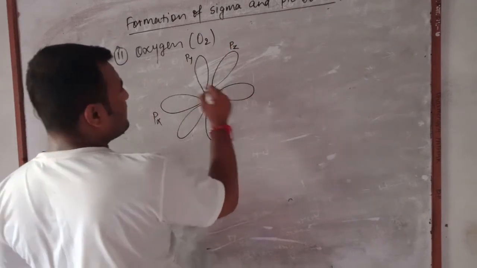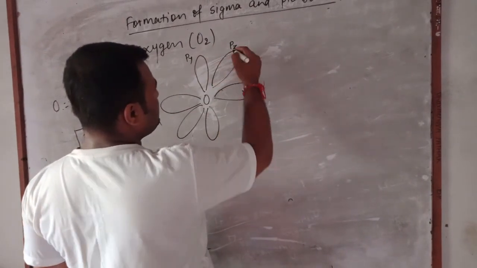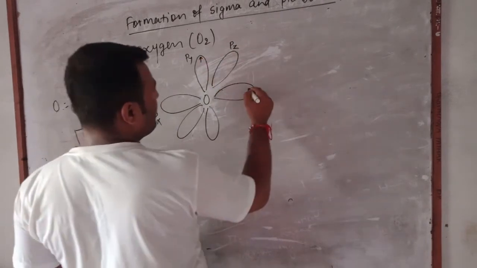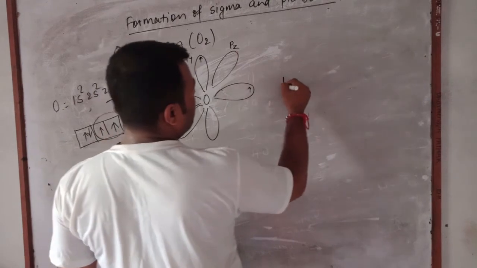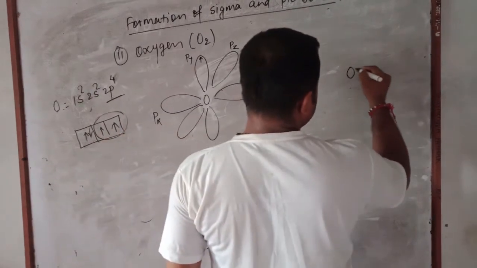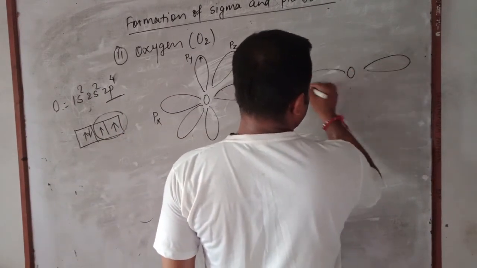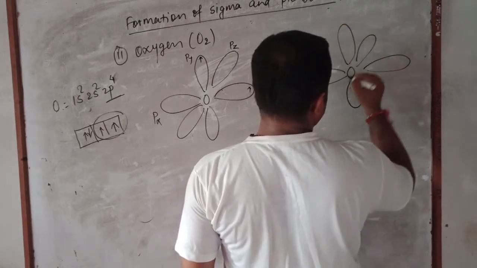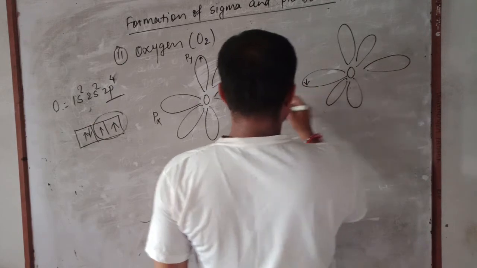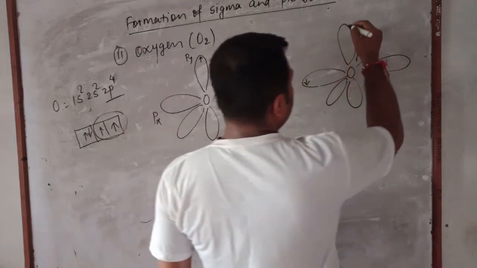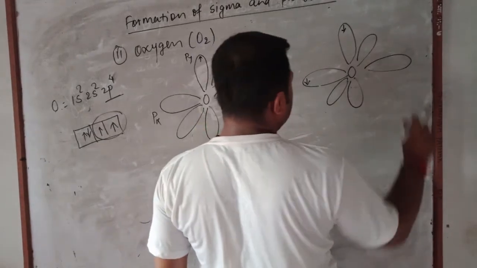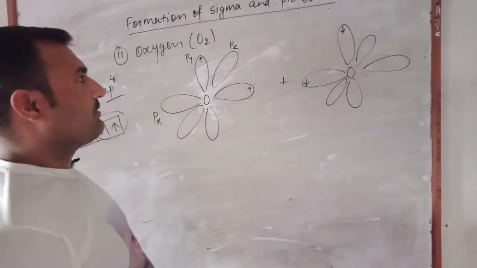One atomic orbital is completely filled, say z, and one half-filled orbital is found in x and y. Another O atom has the same structure, px, py and pz. Suppose opposite electrons are found here. Py contains an electron of opposite spin, and pz has a filled atomic orbital.